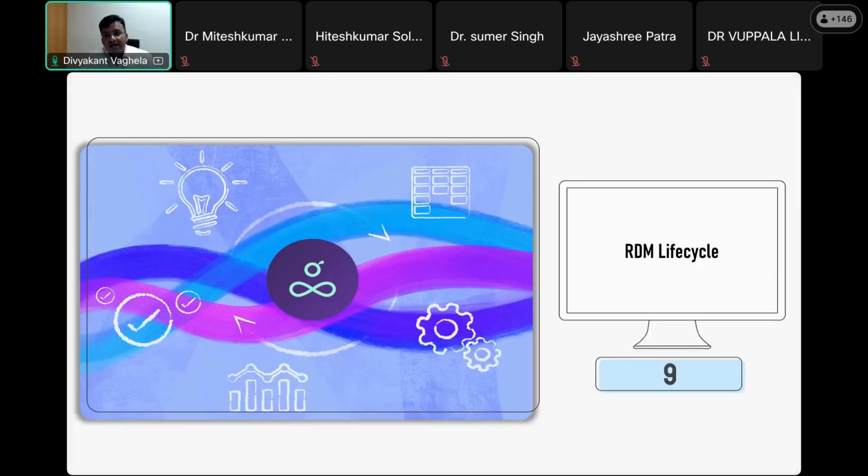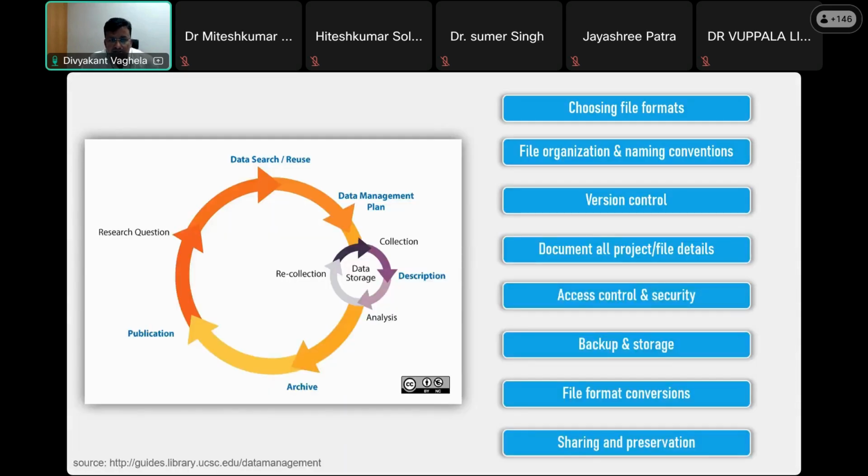Now coming to the RDM life cycle. What is the research data management life cycle? Anyhow, this will be covered in the next session under data management plan. Although I will brief you here about these things. RDM includes choosing a file format, file organization, and naming convention.